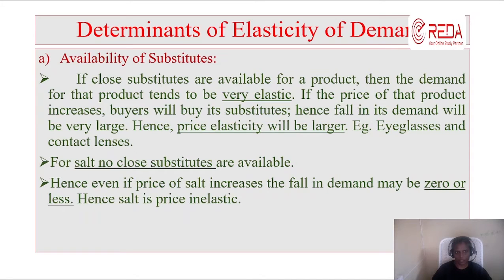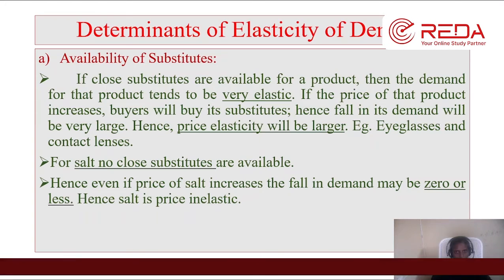We have seen what is substitute, what is complementary, and examples of substitute and complementary goods, so I think you are very familiar with them. The availability of substitute goods also makes the elasticity in the demand.